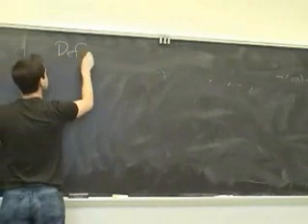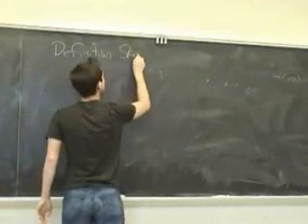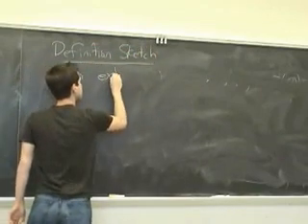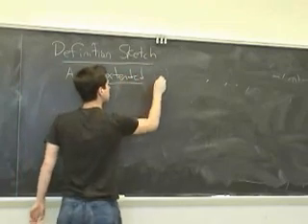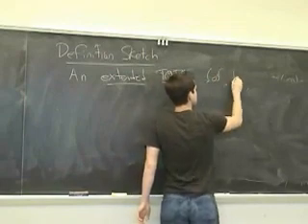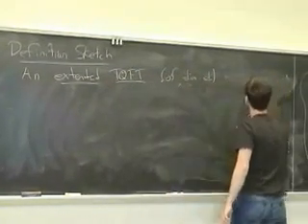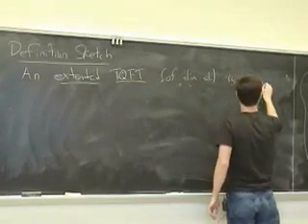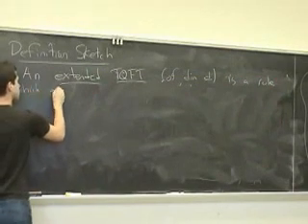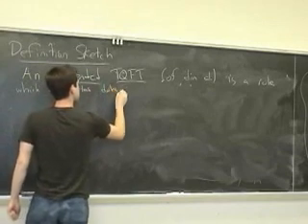So, definition sketch. An extended TQFT, again of dimension d, is a rule which associates some data.